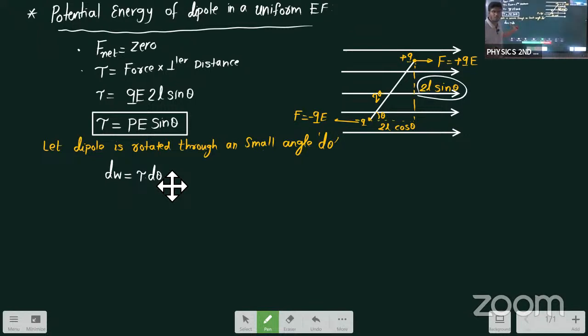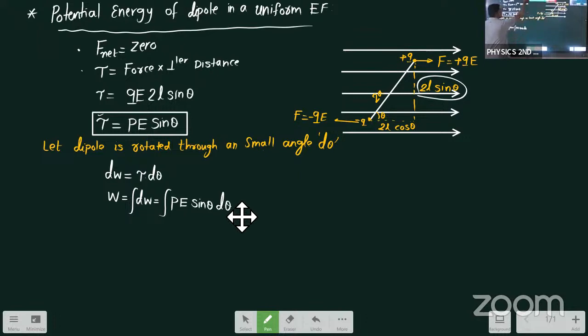This is a very small amount of work done. In order to get total work done, what are we supposed to do? We are supposed to integrate. So this equation will become W is equal to integral of dW, that is equal to tau into d theta. What is the value of tau? Torque tau is P E sin theta into d theta.